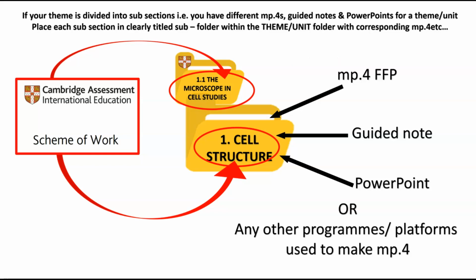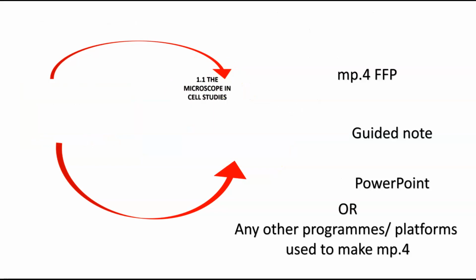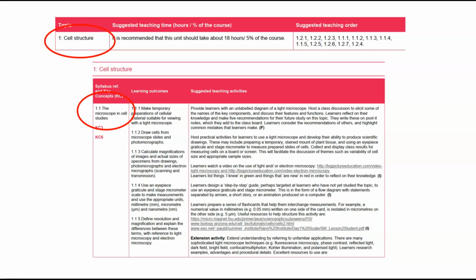So if we go back, I've used exactly the titles from your scheme of work. This is vital, not your textbook chapter headings, your scheme of work headings for your folders.